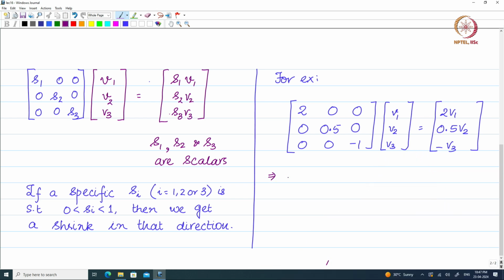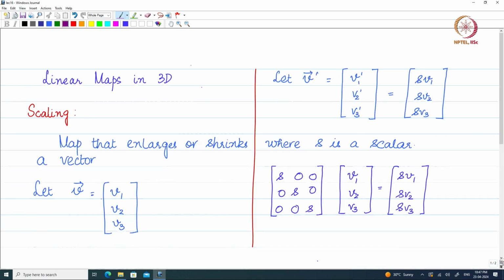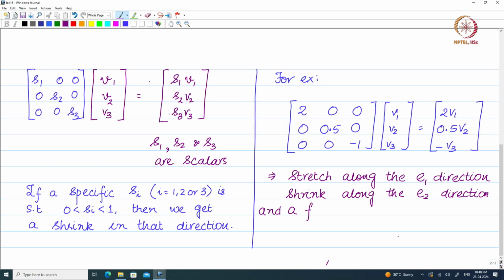The interpretation is there is a stretch along the E1 direction, then we are going to have a shrink along the E2 direction, and this negative 1, it now becomes minus V3, that means we are going to have a flip along the E3 direction.